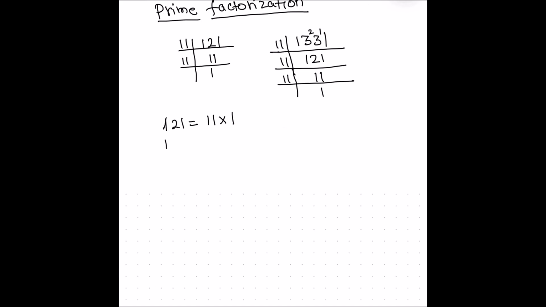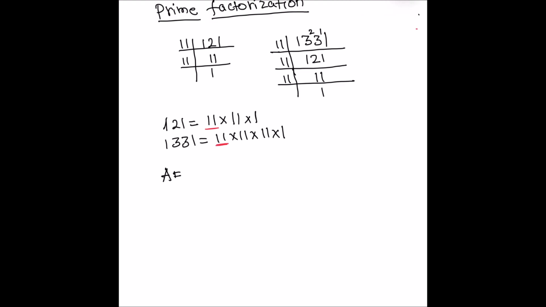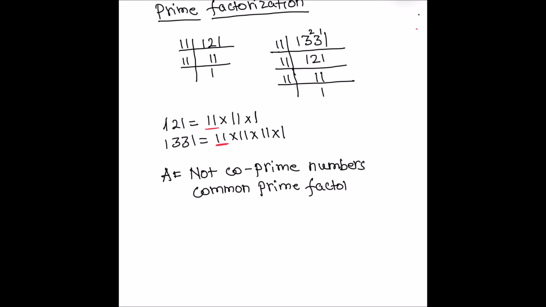Let's write the factors. 121 is 11 times 11 and 1331 is 11 times 11 times 11. So they both have a common factor of 11. So our answer will be not co-prime numbers. Common prime factor is 11. This is our final answer for part C.